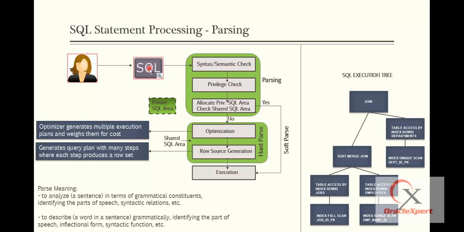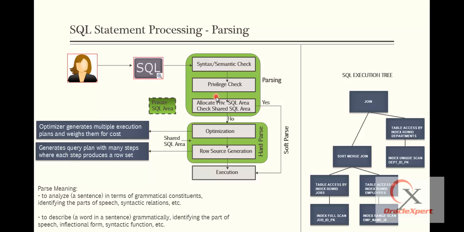So Oracle computes the hash value of the SQL statement. It has taken my statement through syntax, semantic check, privilege checking. It has also allocated private SQL area. Then it checks whether this statement is already available in the shared SQL region. The shared SQL region is part of my library cache, which is part of shared pool, which is part of SGA memory.